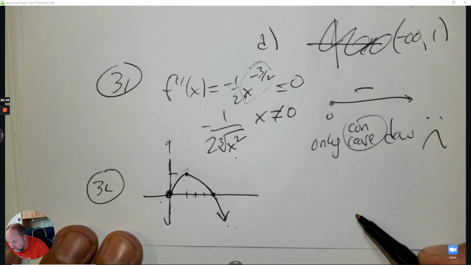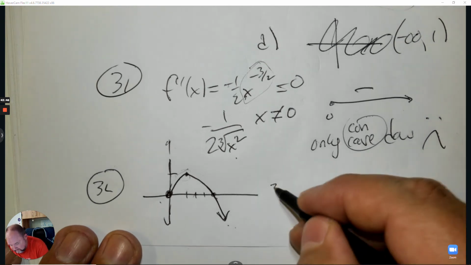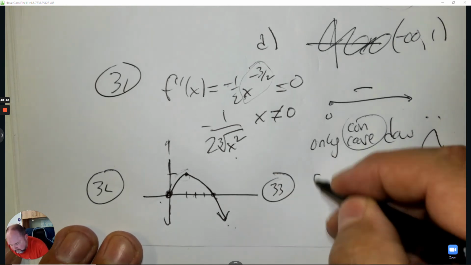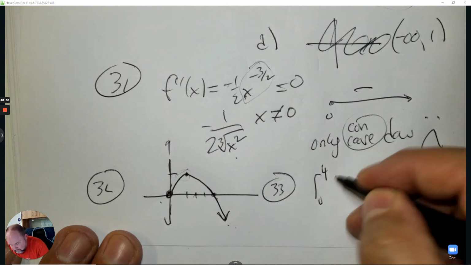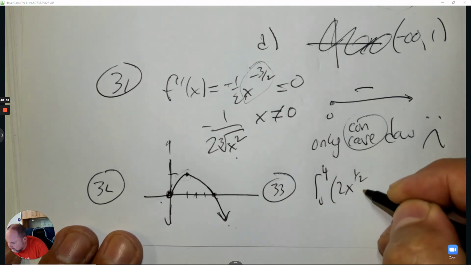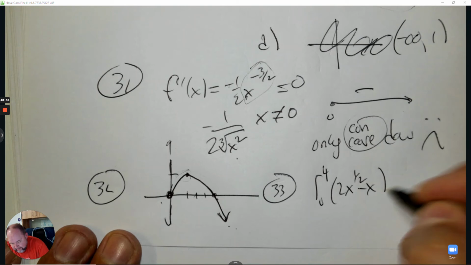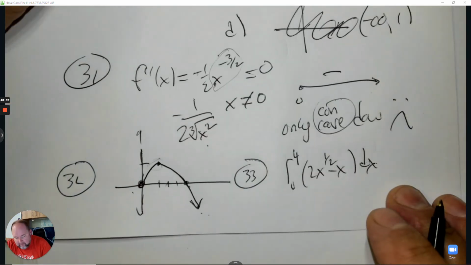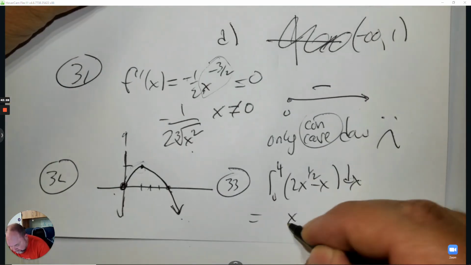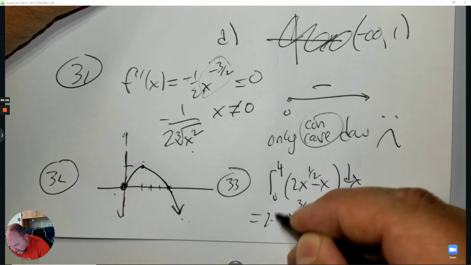33. Integrate that. Good question. So I'm going to add 1 to the exponent and then do the reciprocal.